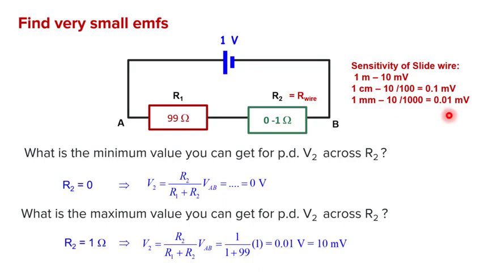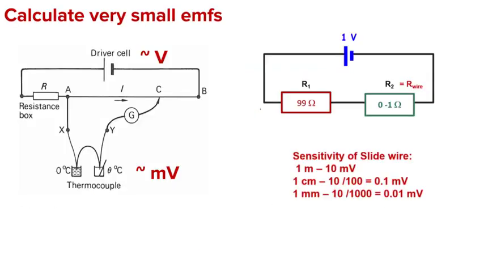Therefore, we see that even if the cell of a battery is 1 volt, by matching an additional resistor correctly with the resistance of the slide wire, we are able to transform the potentiometer to measure small voltages. This is the typical setup for a potentiometer modified to measure very small EMFs.